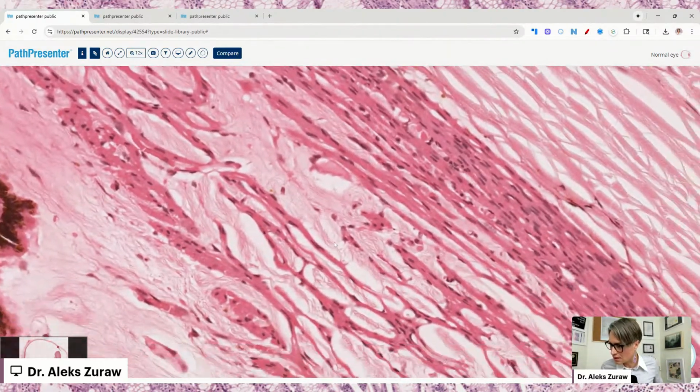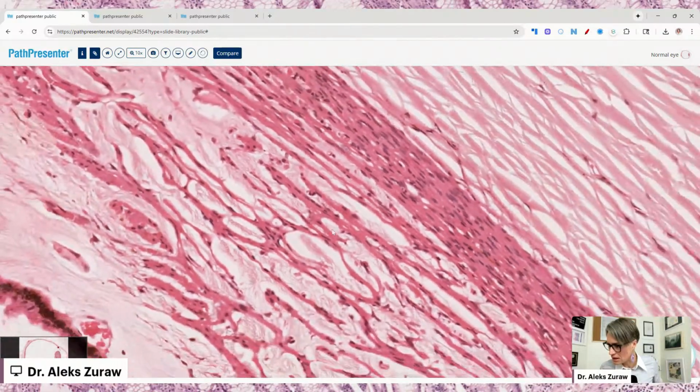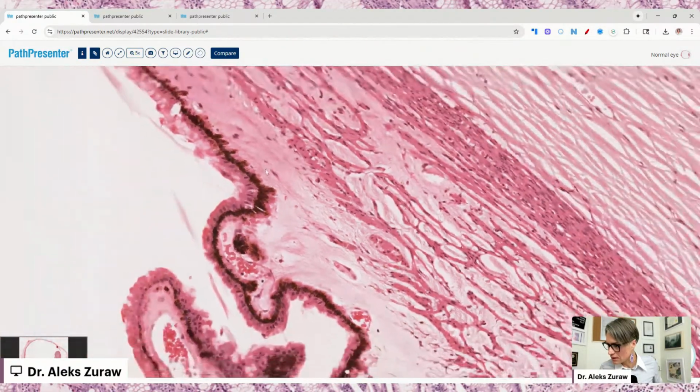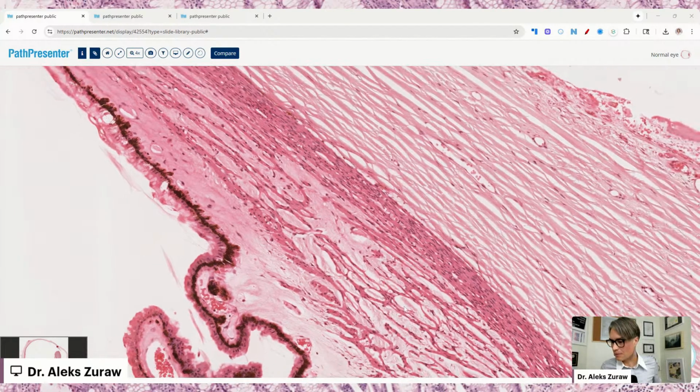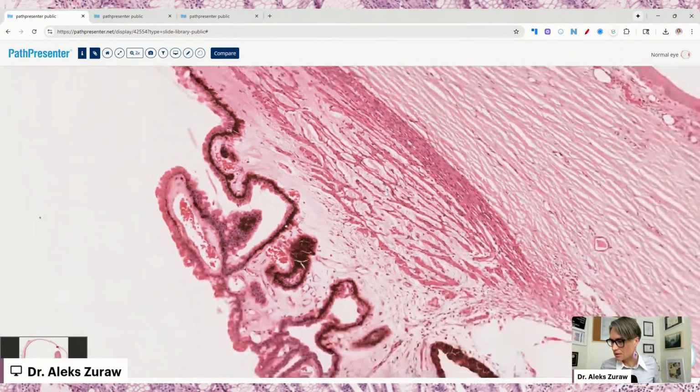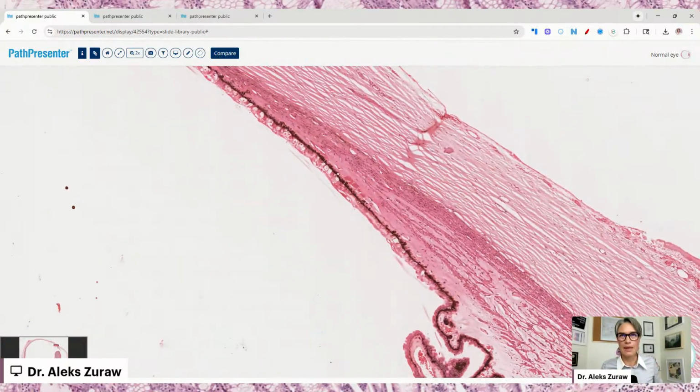And I would love to show you vessels that have blood in them, but I don't see blood. But I see the vessels. Okay, so here they're nourishing the eye.